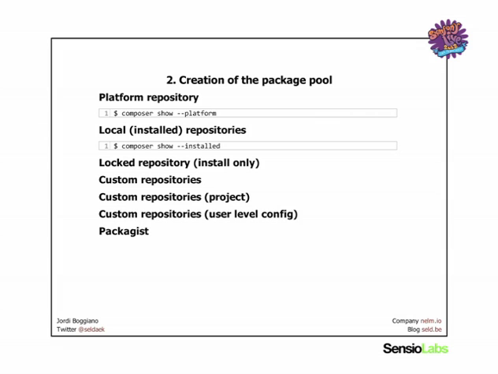Afterwards, if the lock file exists, we load that, then your custom repositories for the project, followed by the ones on the machine, like the user config, and finally Packagist by default. So it just goes top down when trying to find packages, and the first match is usually picked. Like if it finds it in many repositories, it's going to take the one that's the highest.